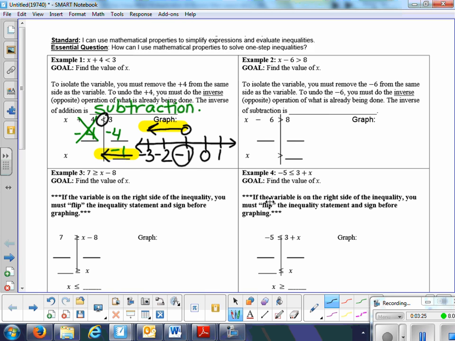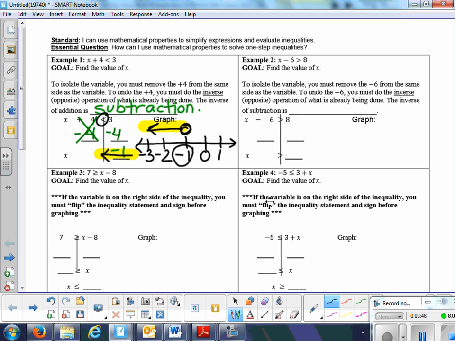If I added negative 1 to positive 4, that would not be less than 3, that would be equal to 3. So the open circle shows that the solution cannot be exactly negative 1, but it can be anything that is less than negative 1.